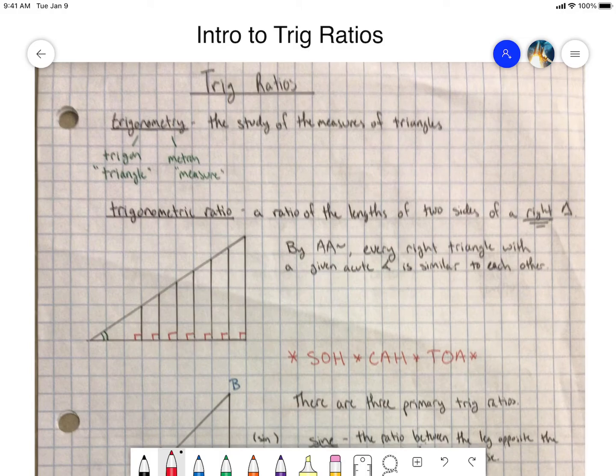So a trigonometric ratio is just the ratio of lengths of any two sides of a right triangle. And that's it. That's all they are. Okay? So imagine I have a right triangle here.